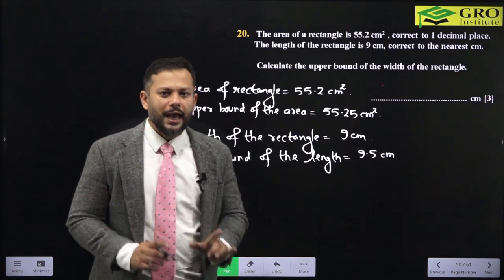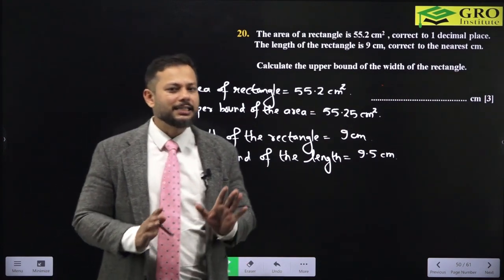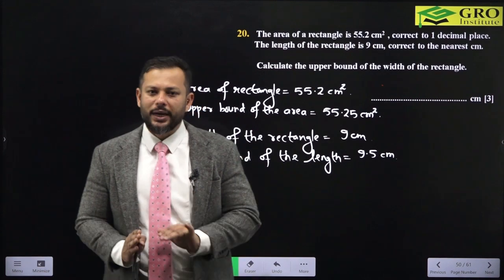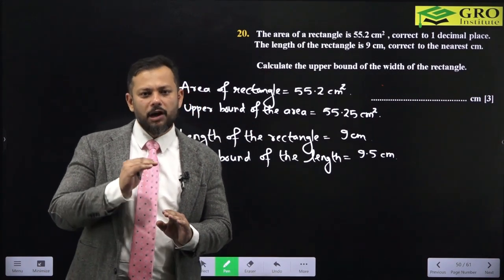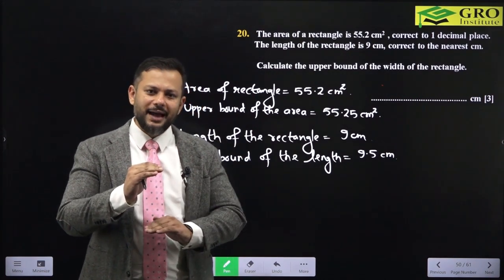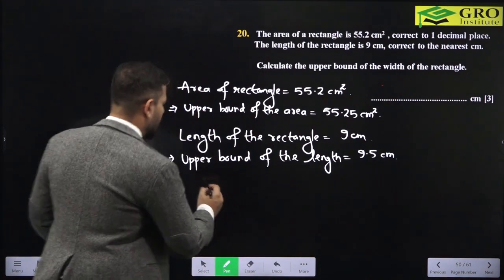We got the upper bound of the area, we got the upper bound of the length. Now we know, as the area of the rectangle is length multiplied with its width, so width would be area of the rectangle divided by its length. So let us write it.